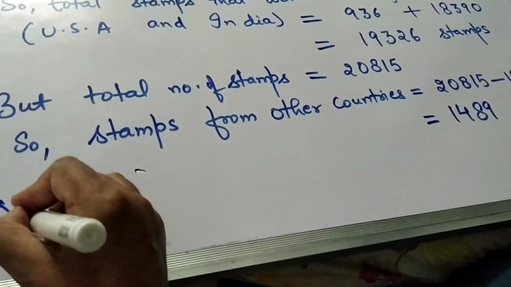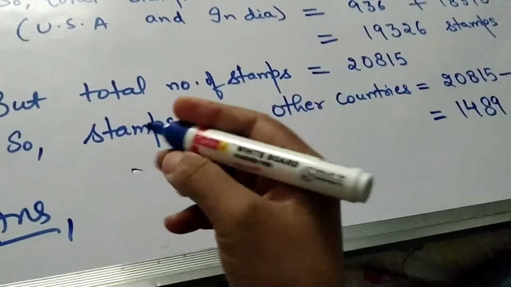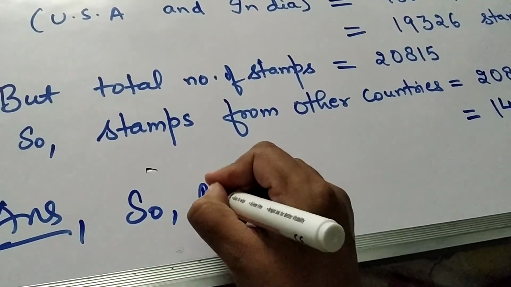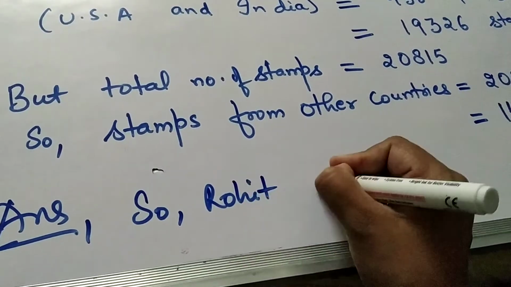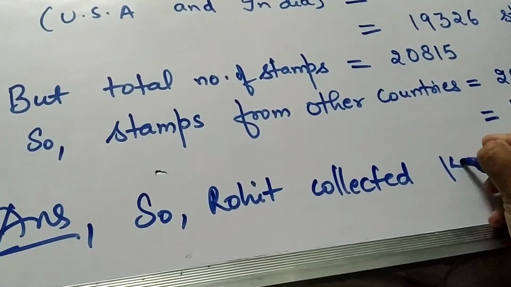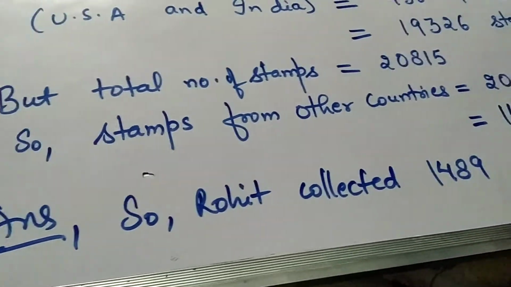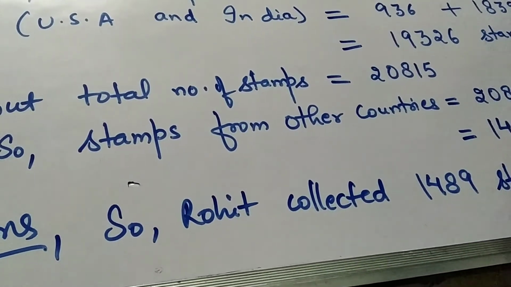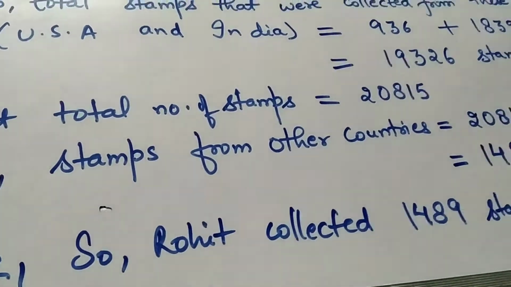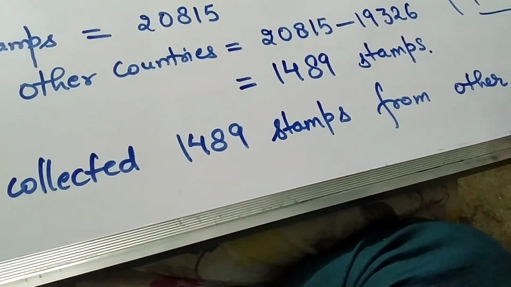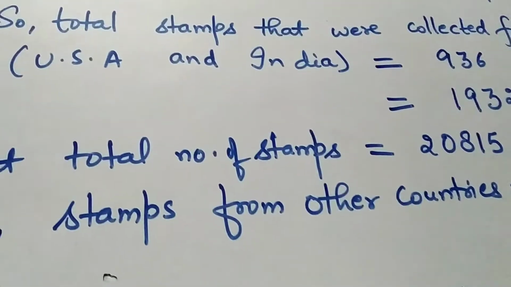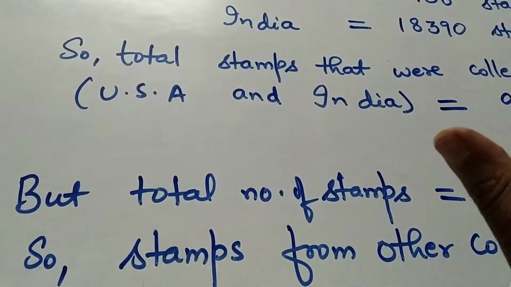So the answer we can write as, Rohit collected 1489 stamps from other countries. There were two parts of the question, right?